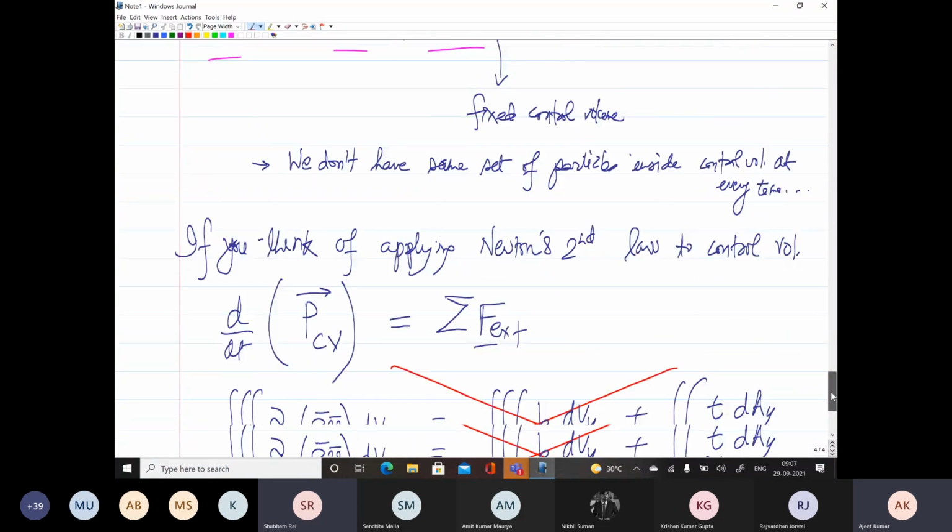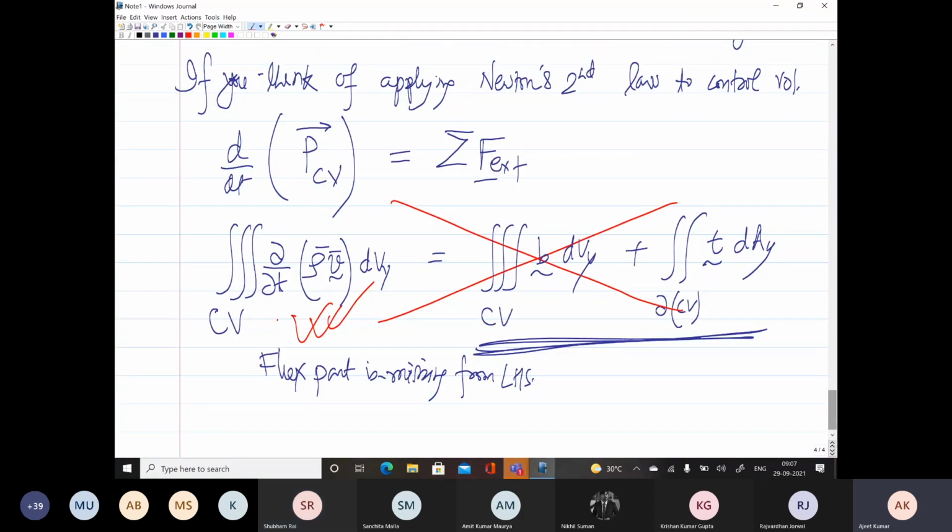But what I meant is, usually what is Newton's second law? That net external force is equal to the rate of change of linear momentum of the system, right? That's Newton's second law. Now, if you choose your system to be a control volume, whose mass is changing with time, then the rate of change of linear momentum of the control volume is simply one term, right?